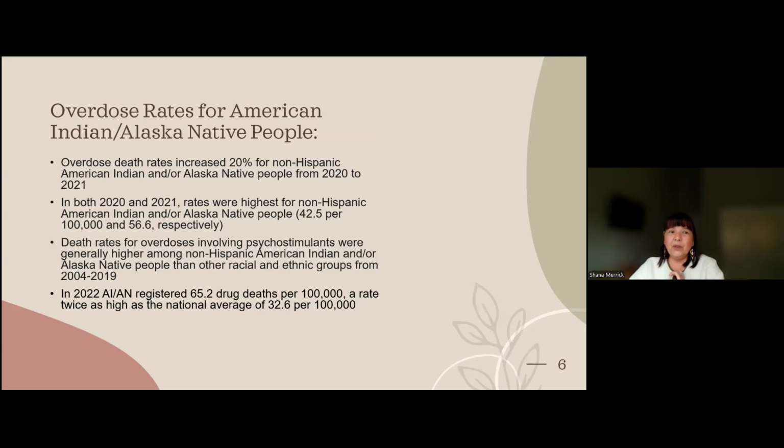It was a rate twice as high as the national average of 32 per 100,000. So all of this to say that these are significant, destructive, and prevalent within tribal communities.